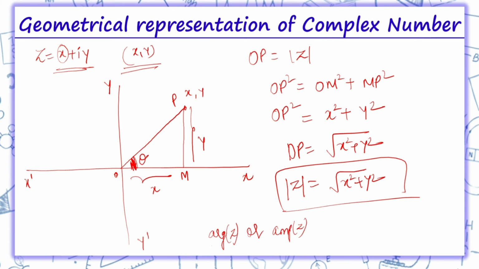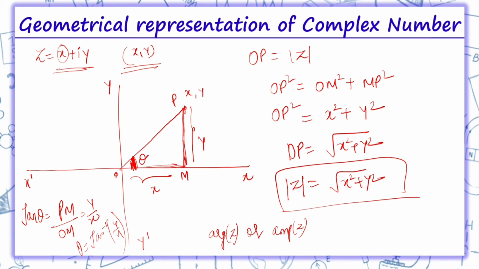Now if we apply over here the trigonometric concept, tan theta will be perpendicular upon base. So here tan theta will be PM upon OM, thus we will get y by x. So theta will be tan inverse of y by x. This is how we can find this angle theta.